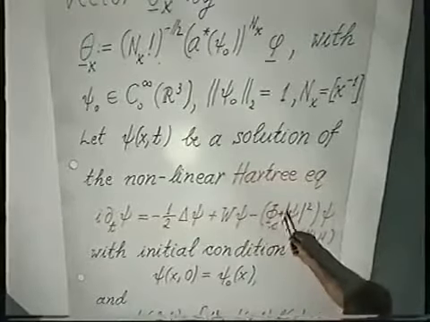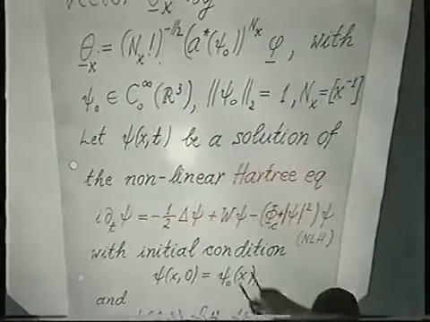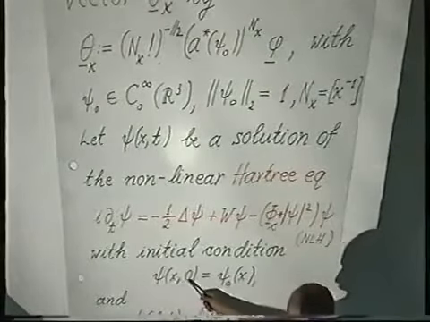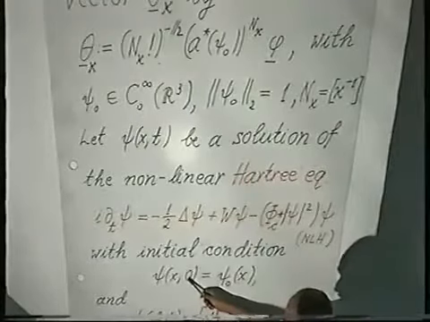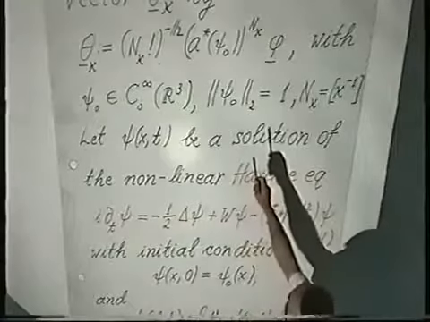Minus phi c convoluted with psi squared applied to psi. And let's choose as our initial conditions psi of x at time t equal to 0 to be psi naught of x, where psi naught of x is the function that appears in the creation operator.